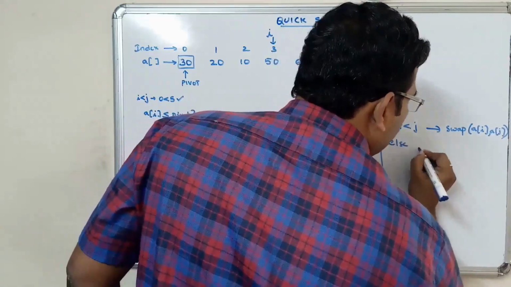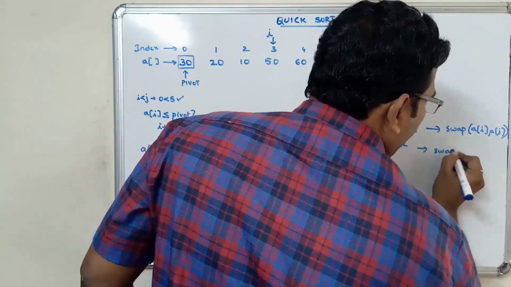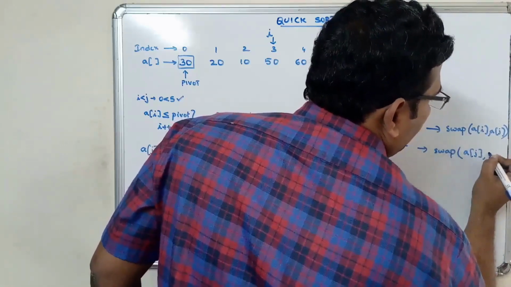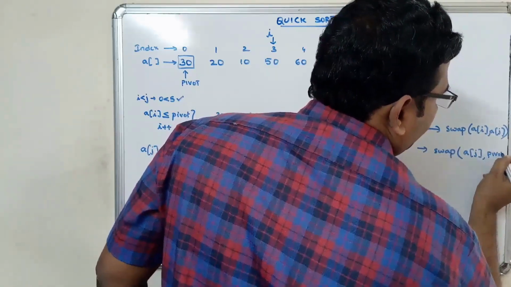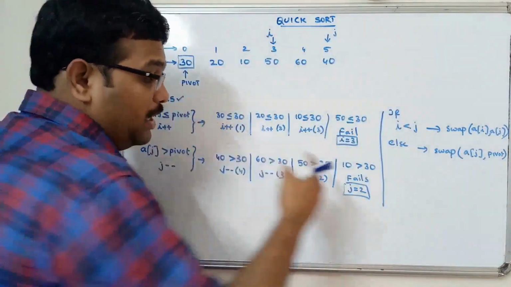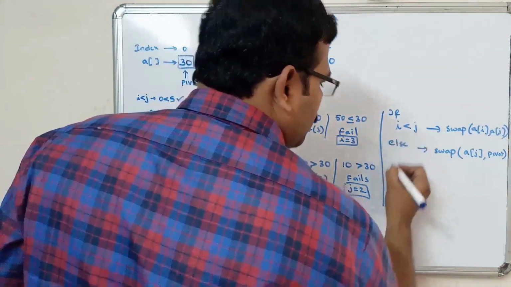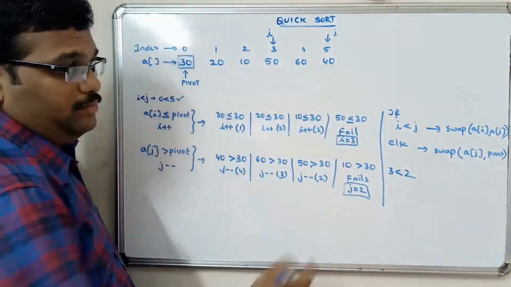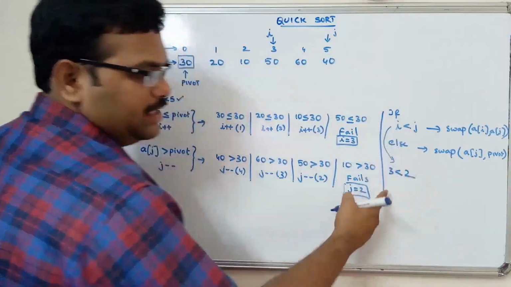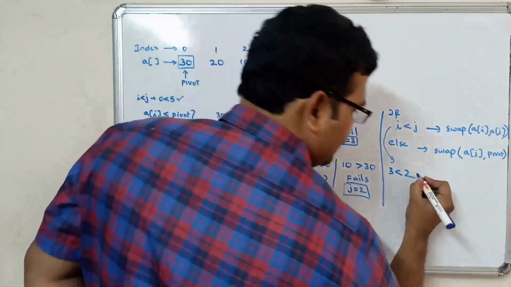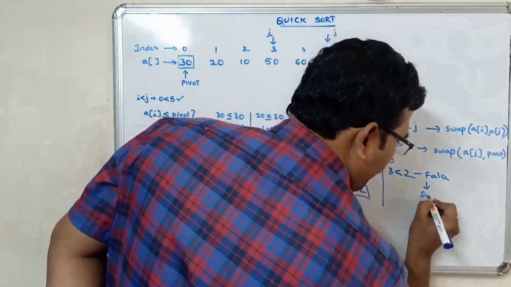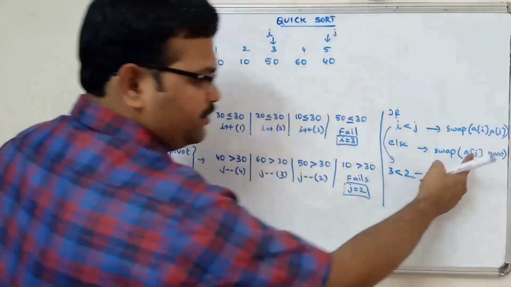Else we have to swap a of j element with the pivot. Now let us check the condition here. I less than j, 3 less than 2, which is false, right?